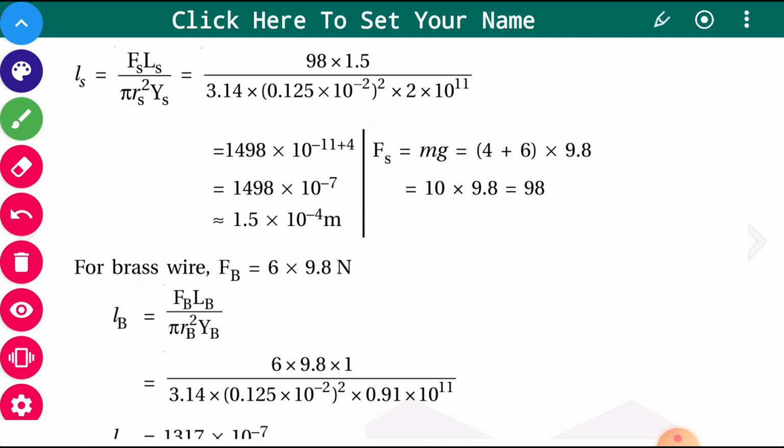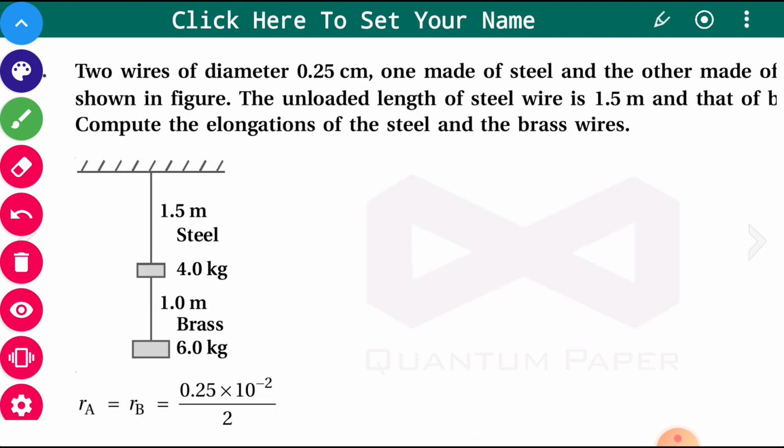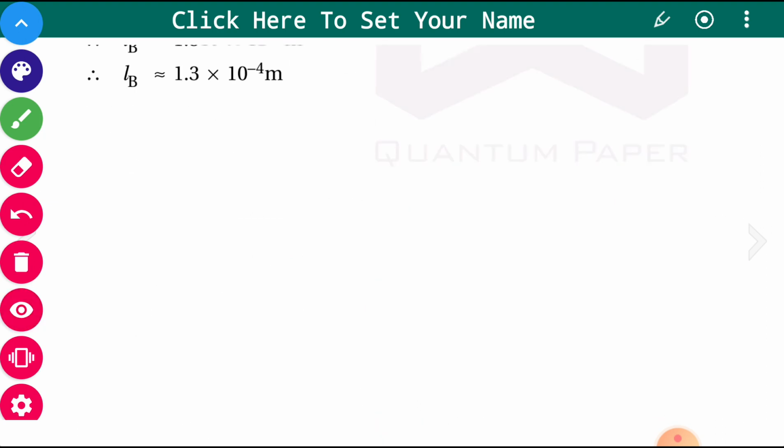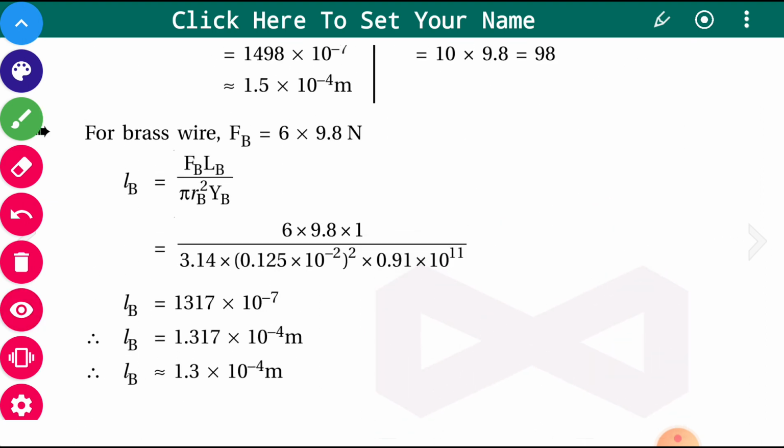Now for the brass wire, it is experiencing a load of only 6 kg, because the 4 kg load on the top is not experienced by this wire. So the force at the end of the brass wire is 6 into 9.8 Newton.